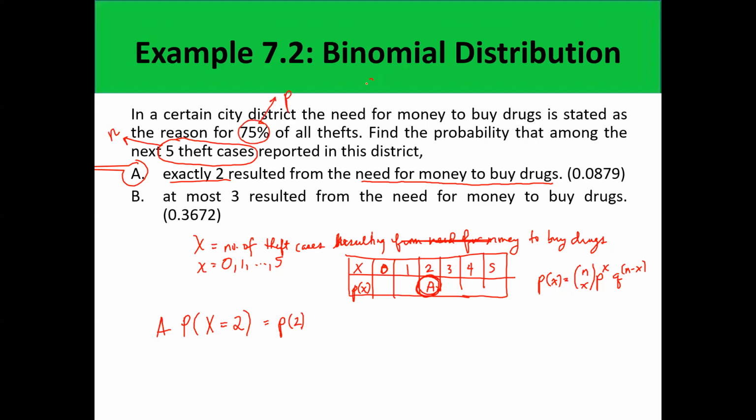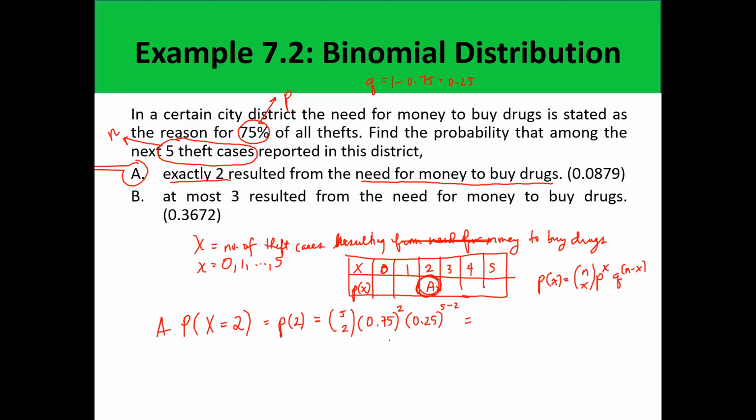So this would tell us that the probability of failure is 1 minus 0.75 or 0.25. And then the random variable x would be the number of theft cases resulted from the need for money to buy drugs. So plugging these values into the formula, P of 2 will be 5 combination 2 multiplied by the probability of success, which is 0.75 raised to 2, multiplied by the probability of failure, which is 0.25, raised to 5 minus 2.